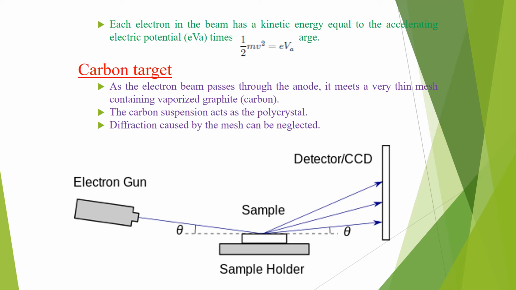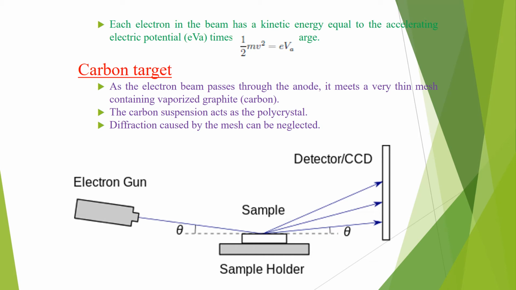Here is a pictorial diagram in which the electron gun is shown on the left, which produces an electron beam that strikes the sample at a certain angle, and after striking the sample, this beam can be scattered at different angles because of the planes present in the sample.